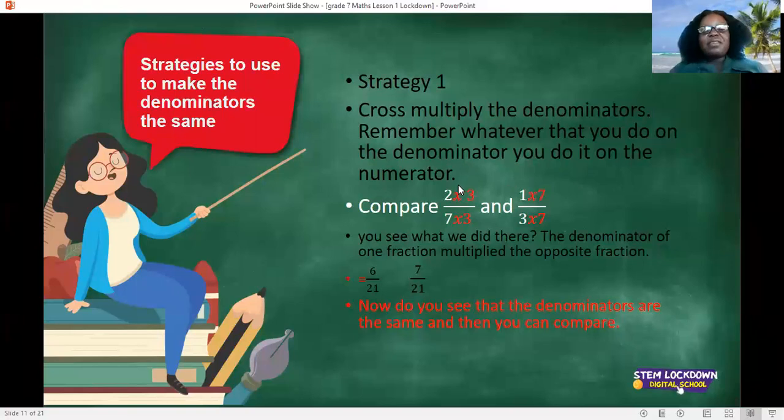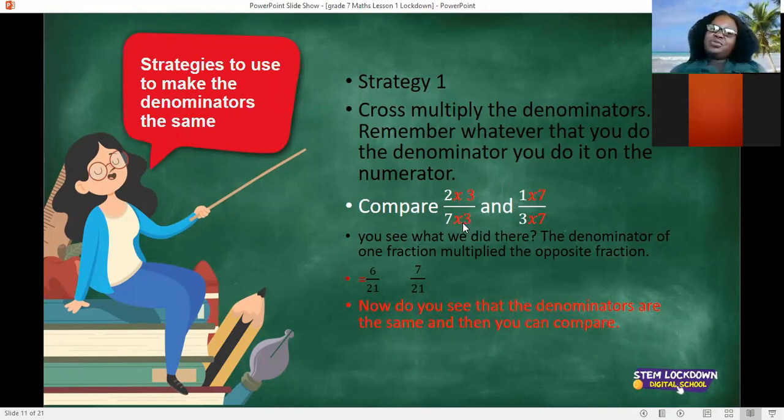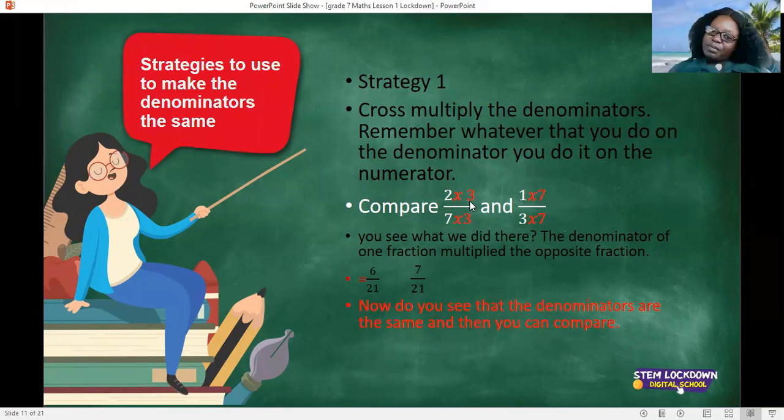So we are comparing 2/7 and 1/3. The first strategy that you can use if you are lazy like me, you take this denominator, the 3, you multiply the opposite fraction, and whatever you do here, you have to do on top.